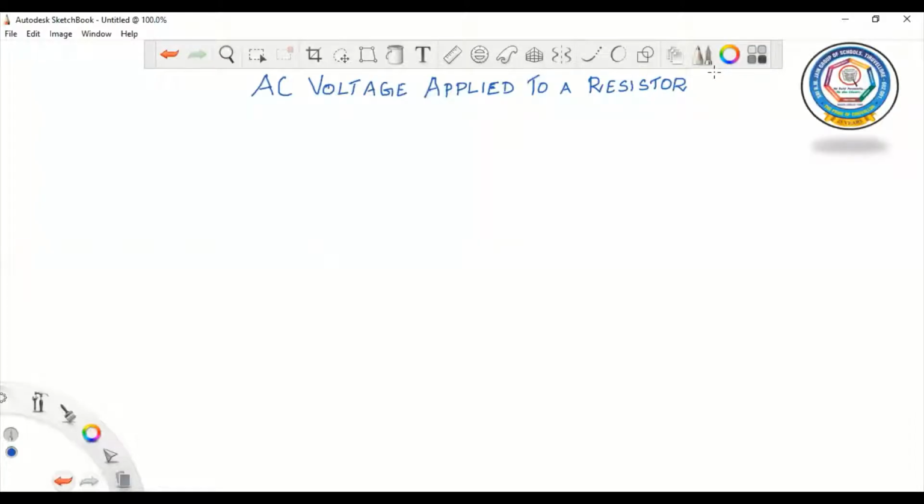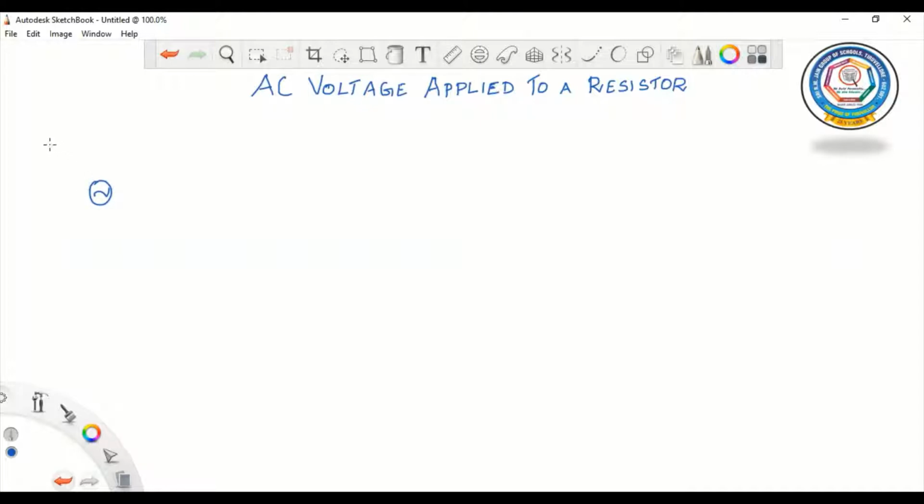I am going to explain about AC voltage applied to a resistor. So, let us consider the AC supply voltage. We know the symbol for AC source. So, this is the symbol with which we will represent AC source, which is connected to a resistor.